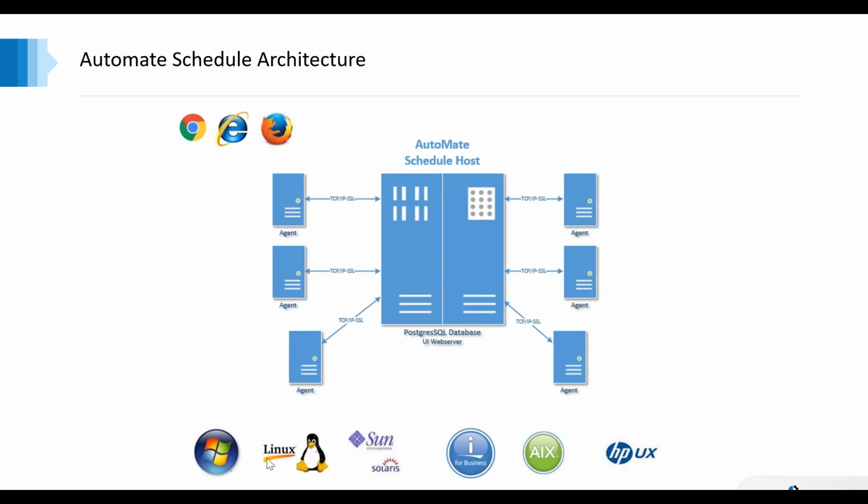This makes it very easy to set up those dependent jobs and other events that will trigger a workflow to start processing. That central server knows the status of everything that's executing across all of those agents. So if you don't want to schedule all of your distributed system jobs from your IBM i, then Automate Schedule is a nice option for that.